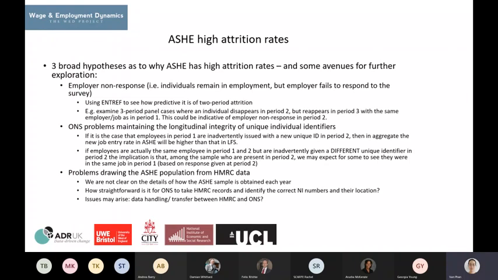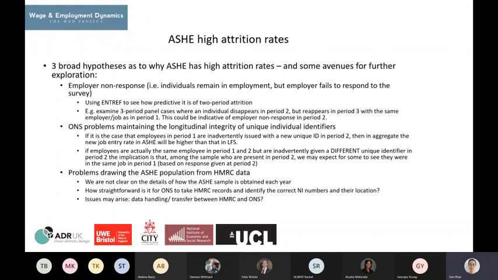The third one may be about the sampling. We're not quite sure about the details of how the ASHE sample is obtained every year, and how straightforward it is for ONS to take from HMRC records to identify the NI number and then location.